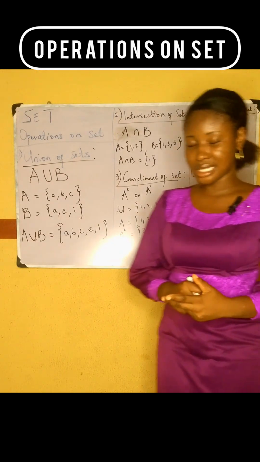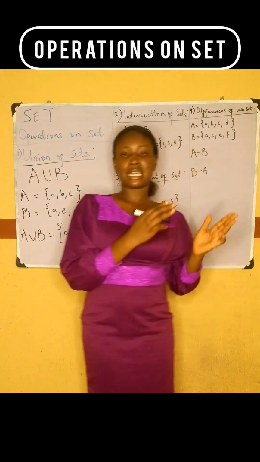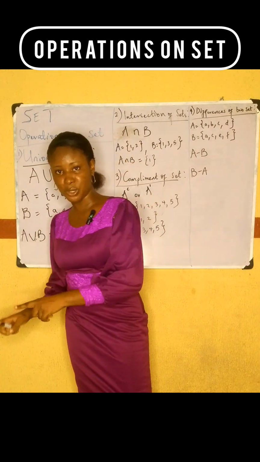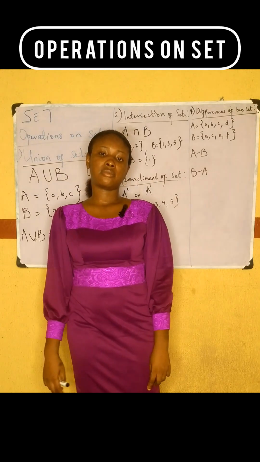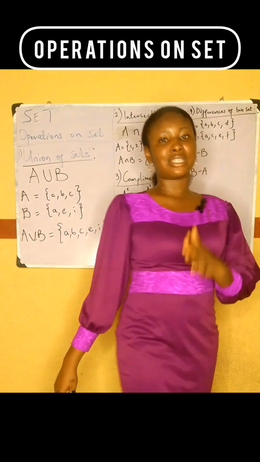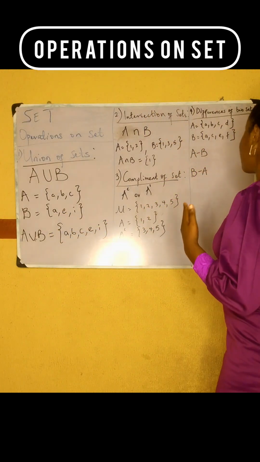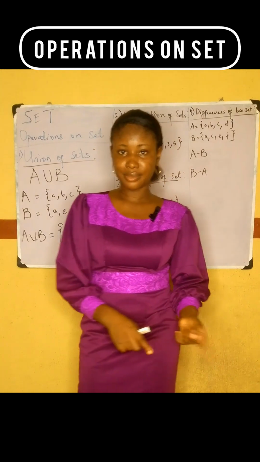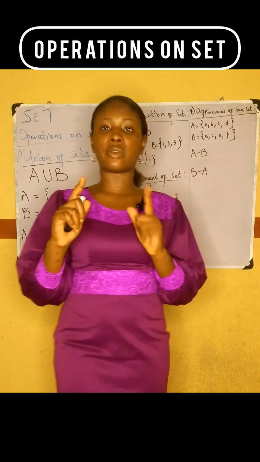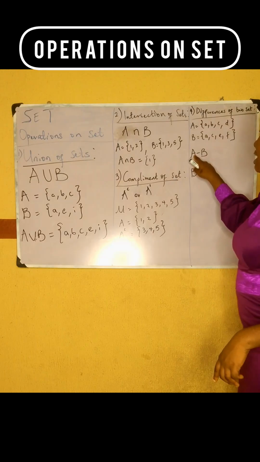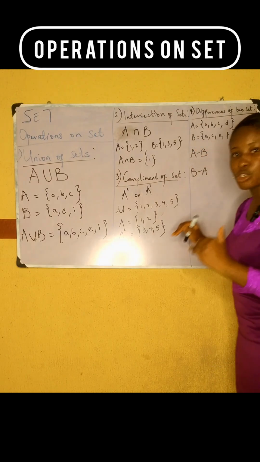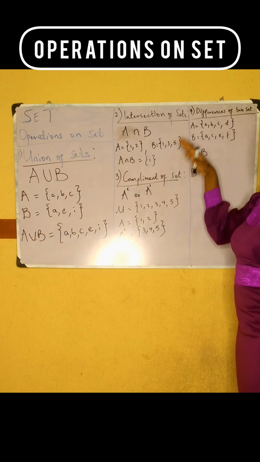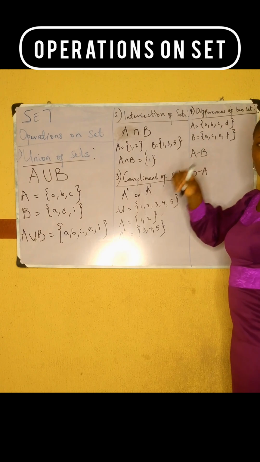Now, what is the difference of sets saying? The difference of two sets, A and B, is a set of elements that do not belong to the second set, B, but belong to the first set, A. So in layman terms, what I tell my students is, once you want to look at A minus B, they are basically asking you to remove all elements of B from A. So you look at A and B, what is common between them?